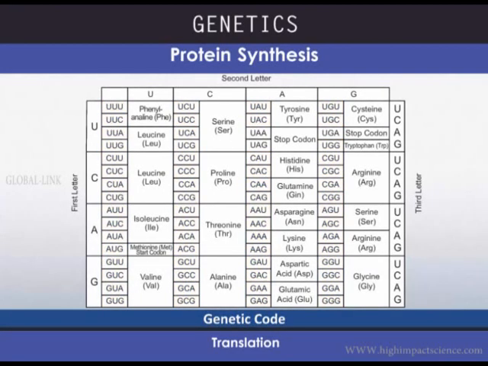Notice that one codon codes for one amino acid. For instance, the codon UGG codes for the amino acid tryptophan, and AUG codes for methionine and also acts as the start codon.